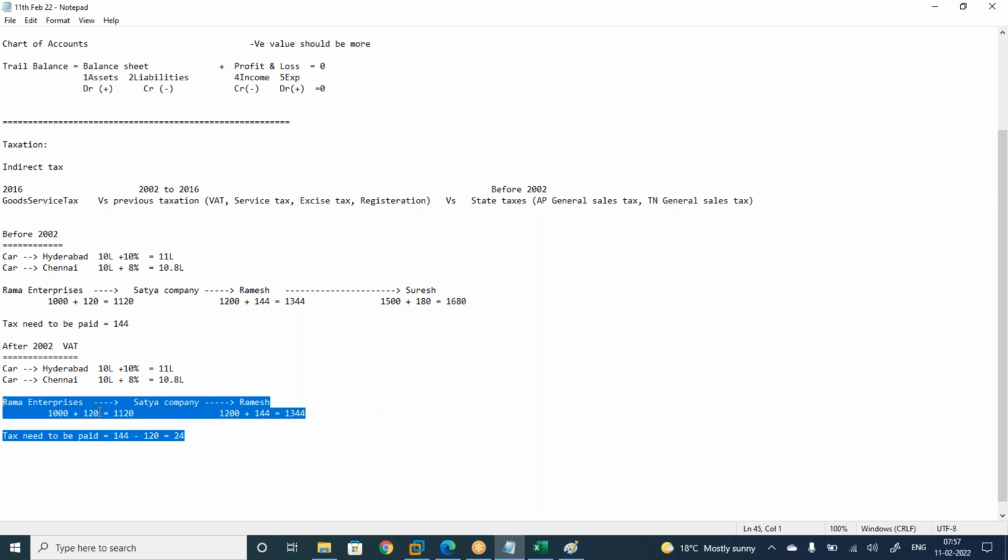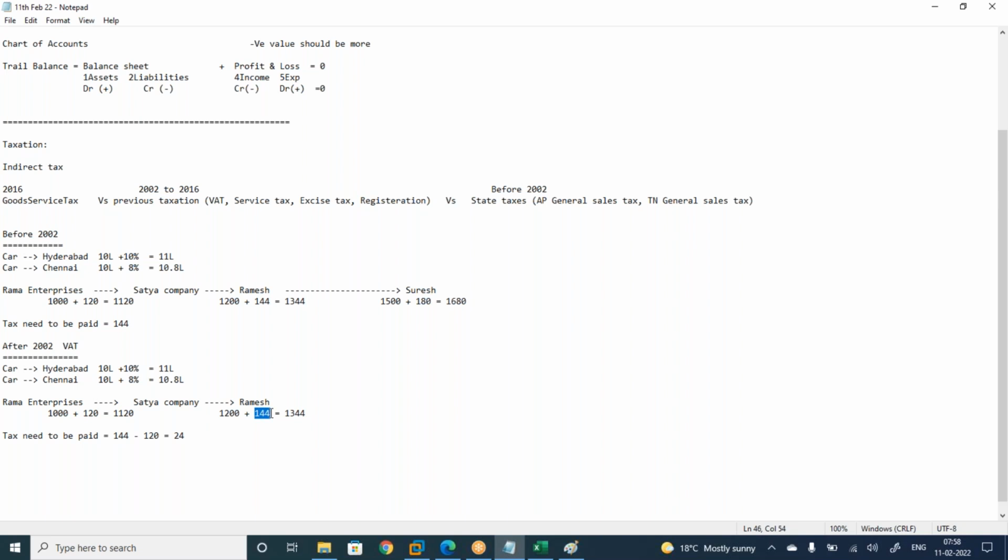You need to show from where you have purchased, in GST or VAT. If you are not showing it, you need to pay 144 rupees.